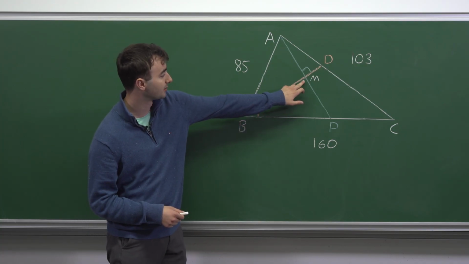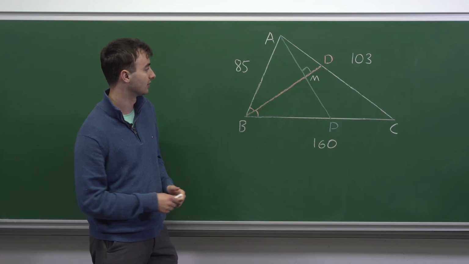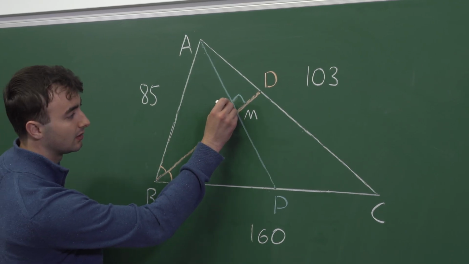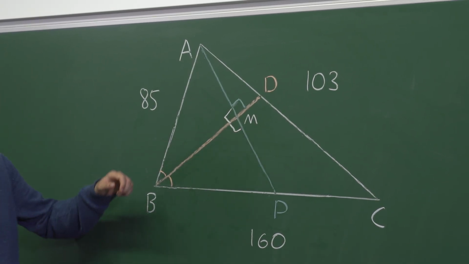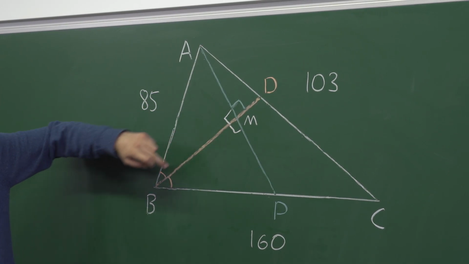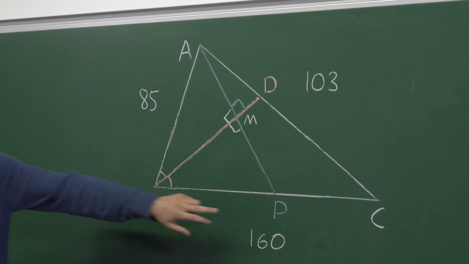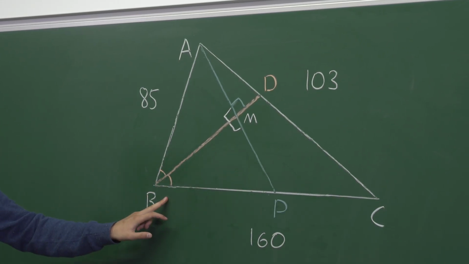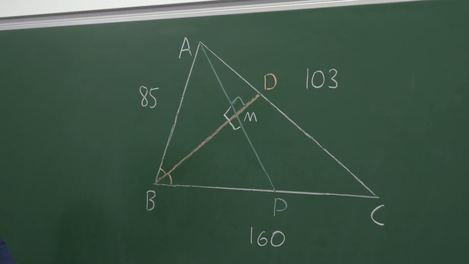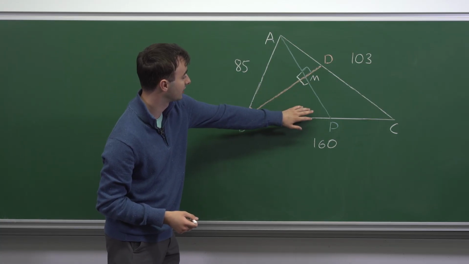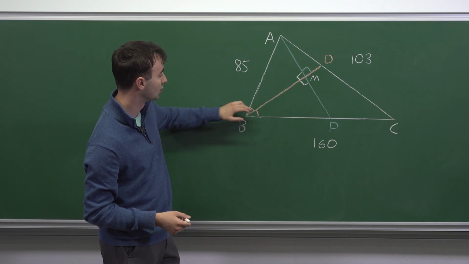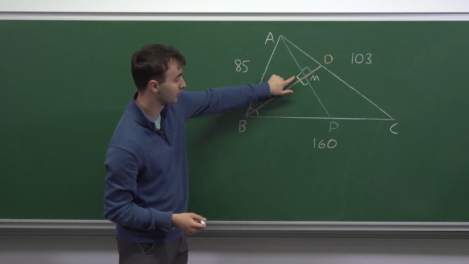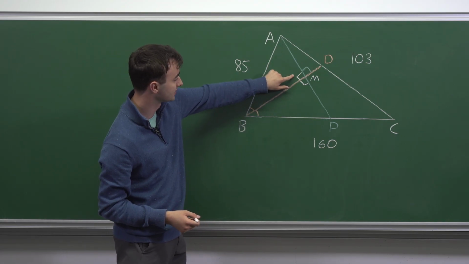Now, if we look around M, we see that we have right angles. In particular, AMB is a right angle, and PMB is also a right angle. So if we look at these two triangles, PMB and AMB, we have one pair of equal angles, these two right angles.